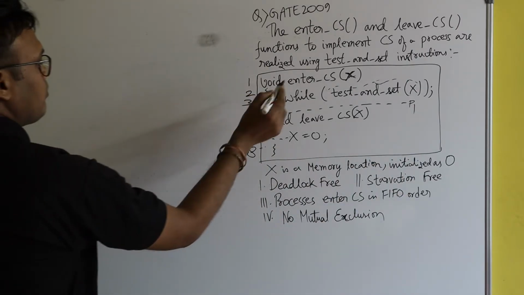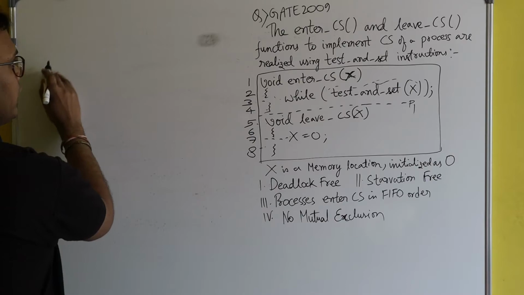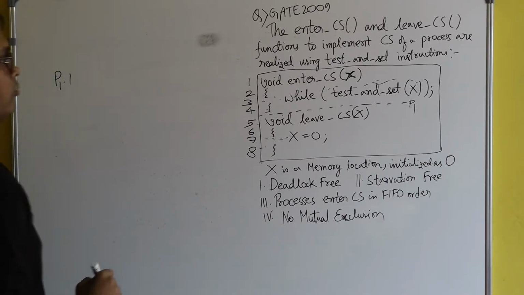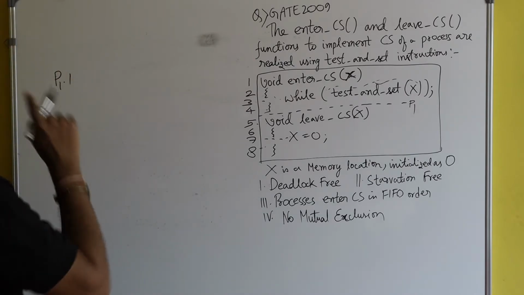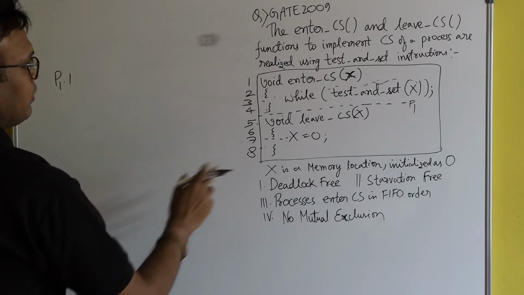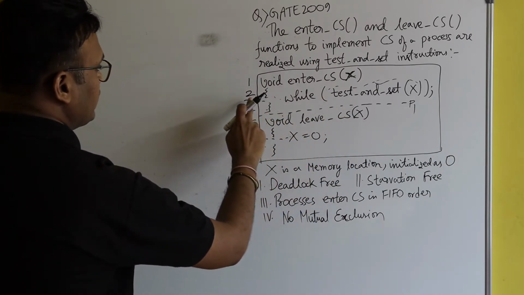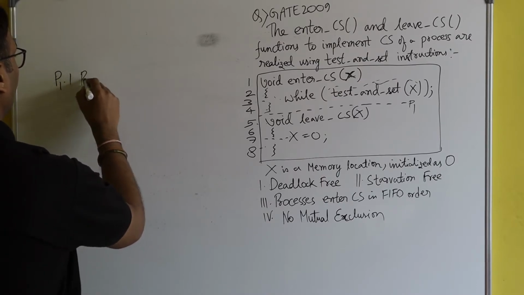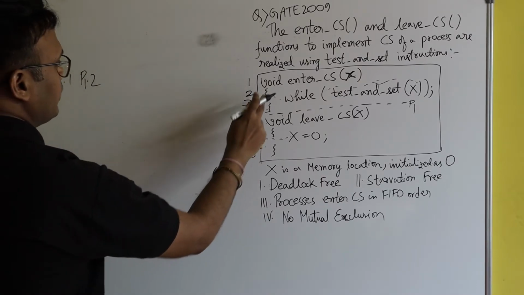So P1 will execute line number 1, and in line number 1 we have x is equal to 0, because x is initialized as 0. P1 will execute line number 2, it's simply a curly brace.